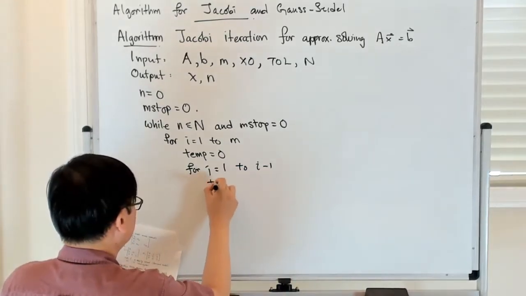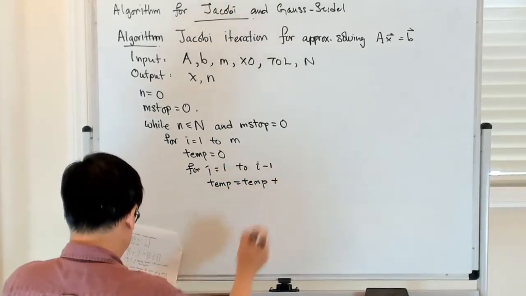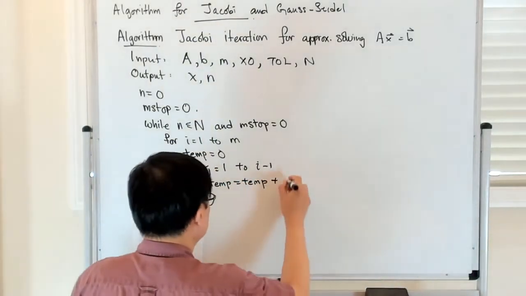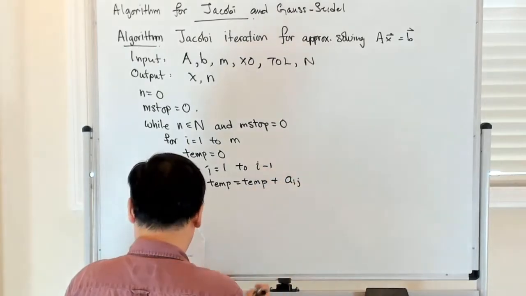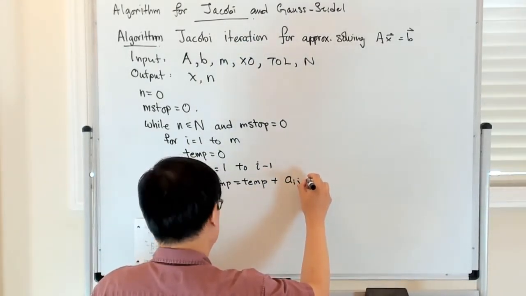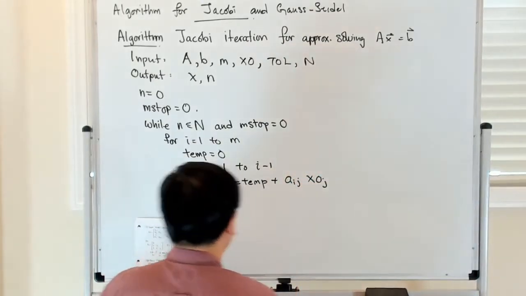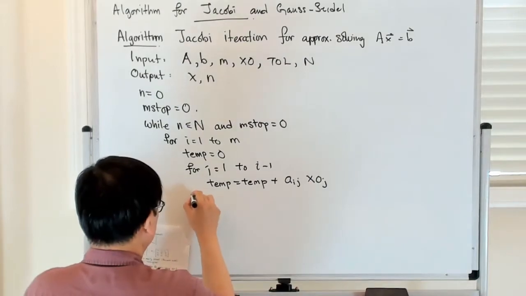Temp is equal to temp plus a_ij times x0_j, and then end.